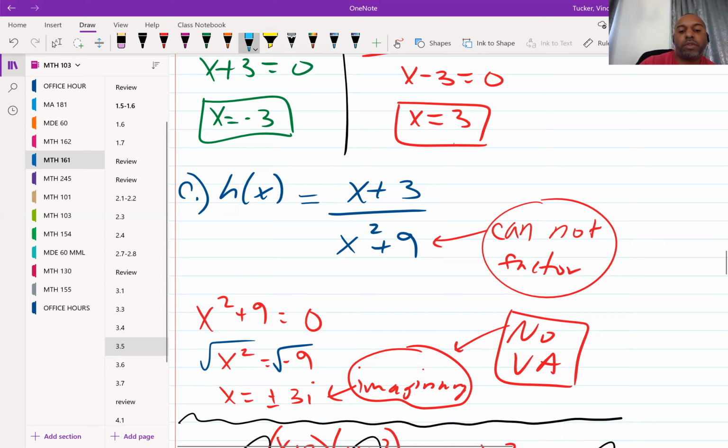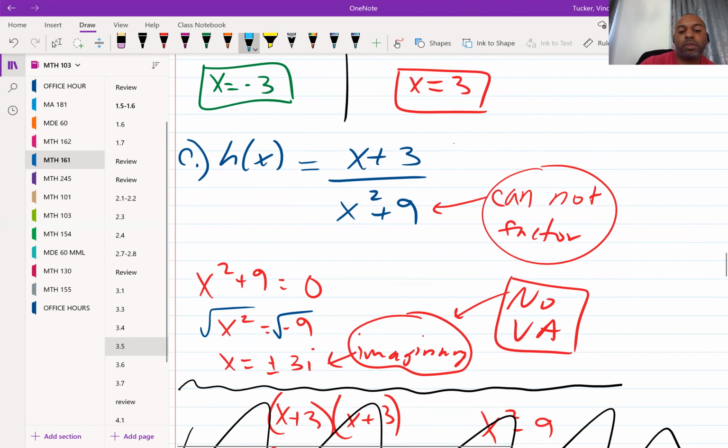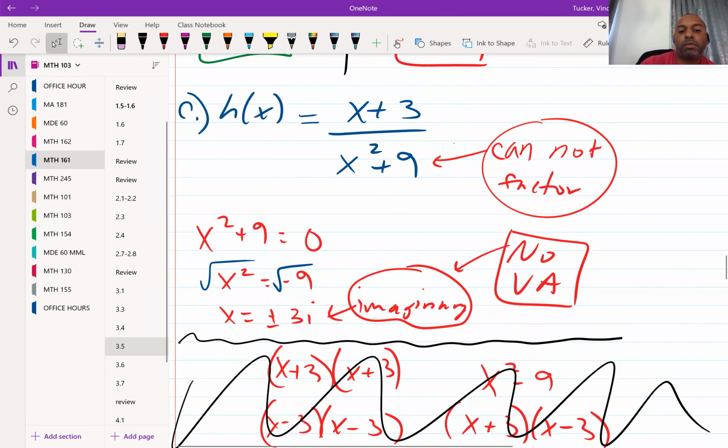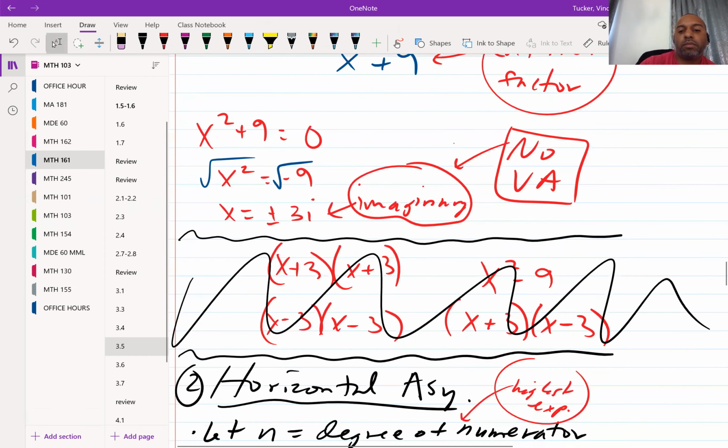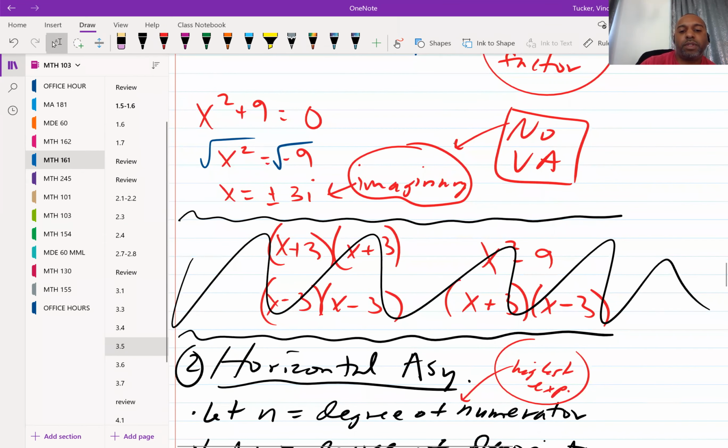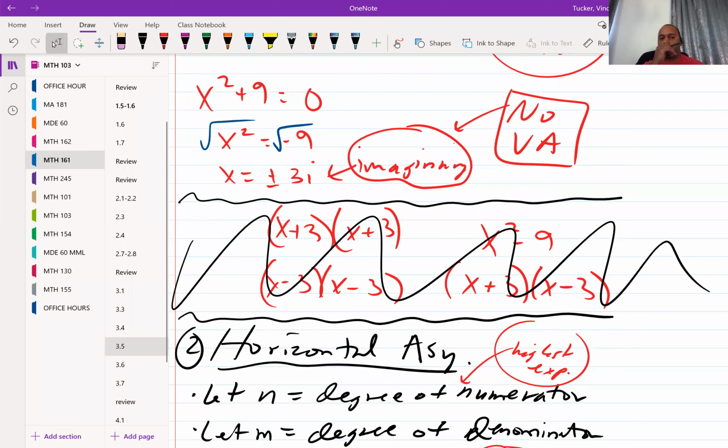All right, can you scroll up? All right. Don't copy this stuff in the middle. We're just going to the horizontal asymptote.